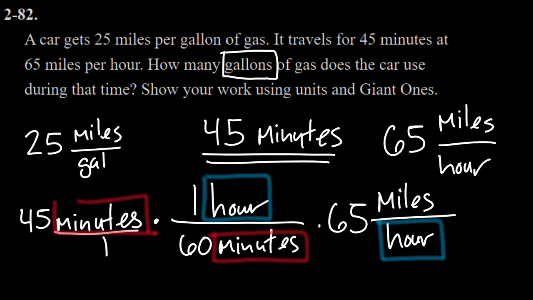So literally, if I take 45, divide that by 60, and then multiply by 65, or said another way, 45 times 1 over 60 times 65, everything that you see right now that I've written down represents miles. So it's a number, right? We'll figure out the number at the end. All I know is that product, 45 times 1/60th times 65, represents miles. Now, what we want is we want to know a certain number of gallons.